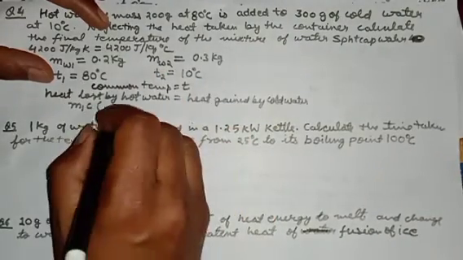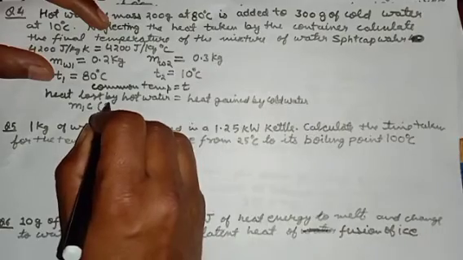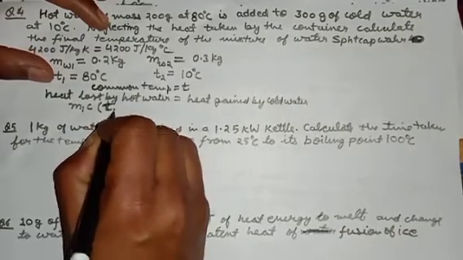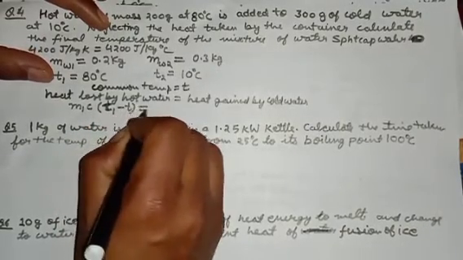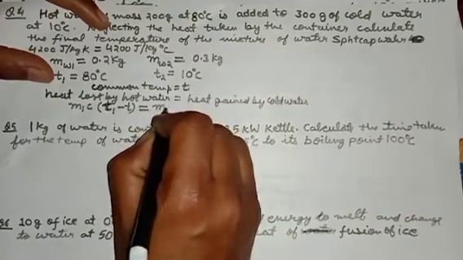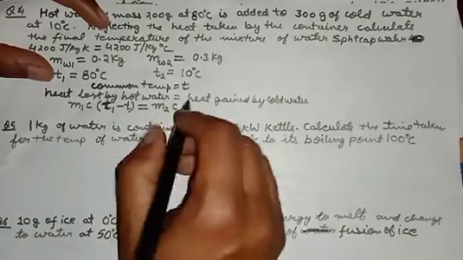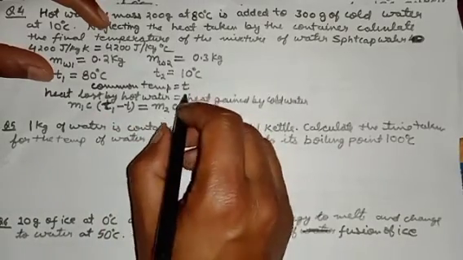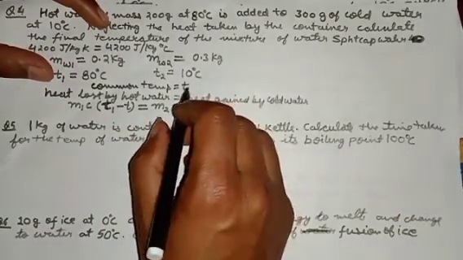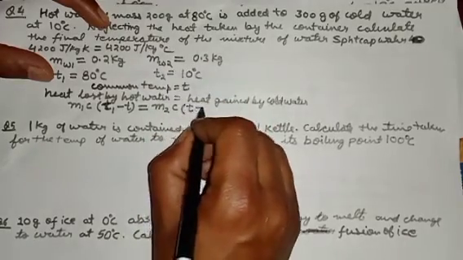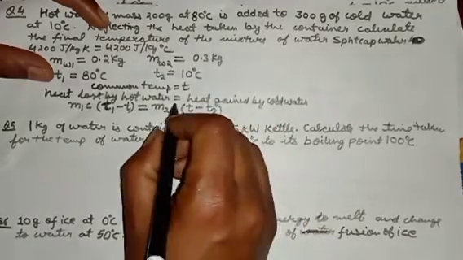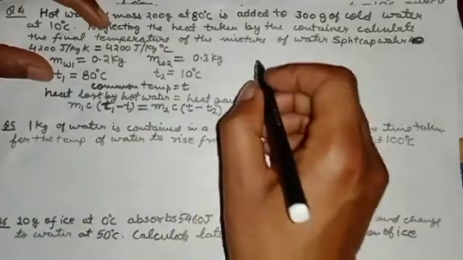So this minus this. Right now I'm writing symbolically T1 minus T, and that is equal to heat gained, M2 C again, because on both sides there is water, so C will remain same. And here, how will we find change in temperature? This minus this, T minus T2. C will get cancelled. Now we can put the value.